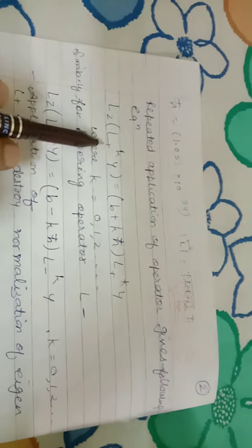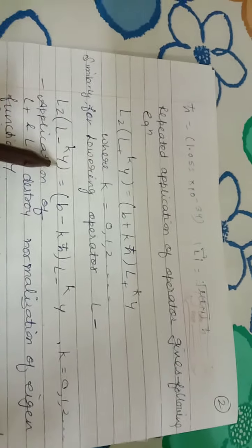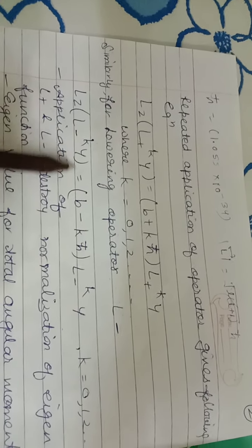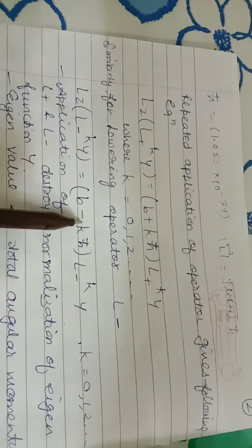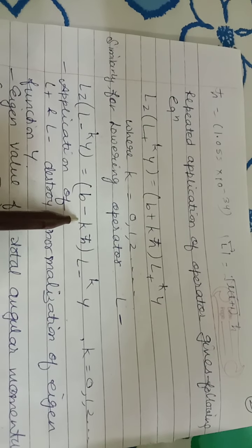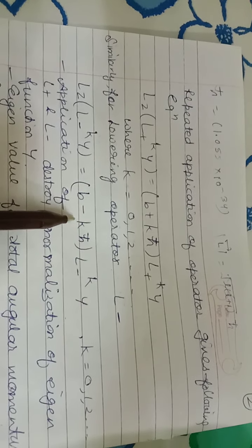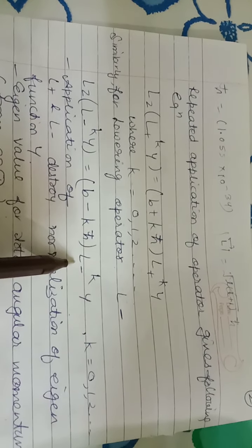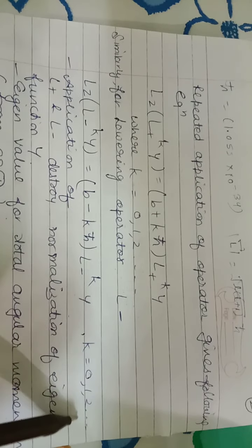Only the sign of L plus is converted into negative, as we told you yesterday: Lz L minus raised to power k ψ is equal to B minus kħ times L minus raised to power k ψ. Here the sign changes because it is a lowering operator, so it will lower the value, it can't increase the value. Same k is equal to 0, 1, 2 and so on.